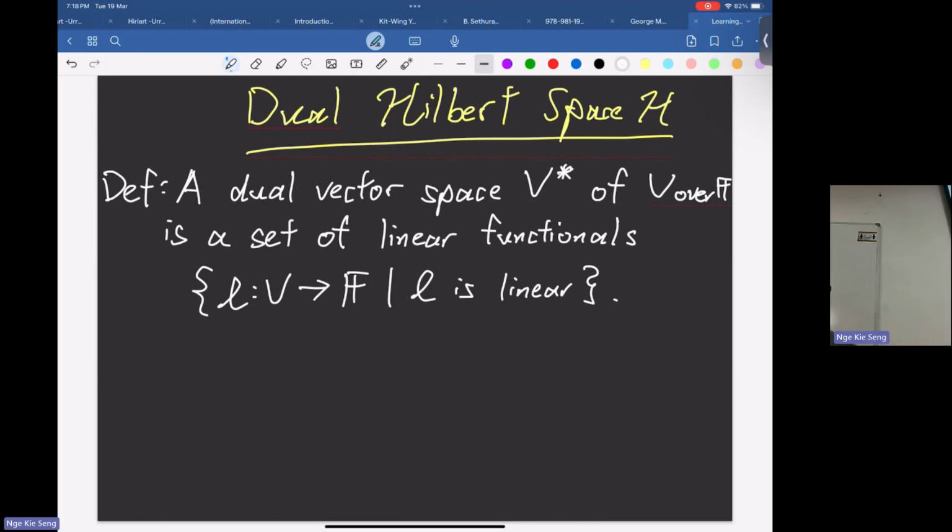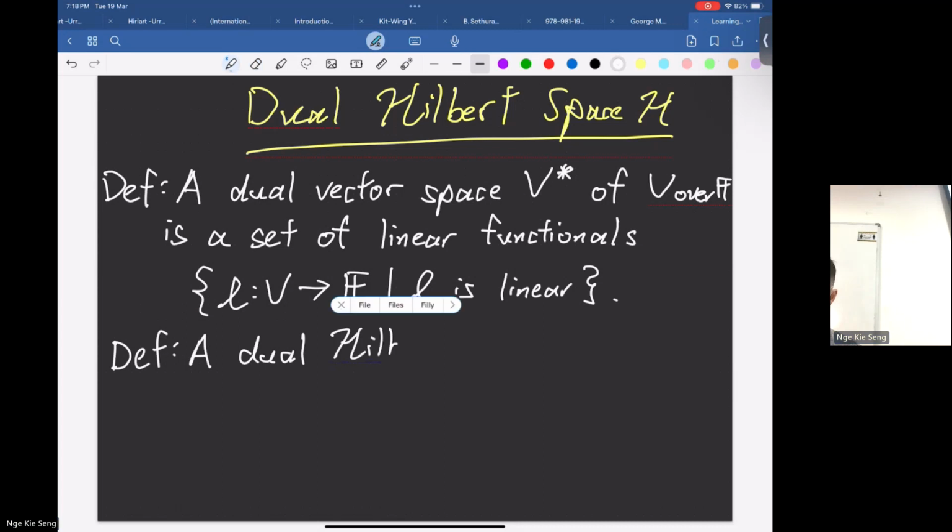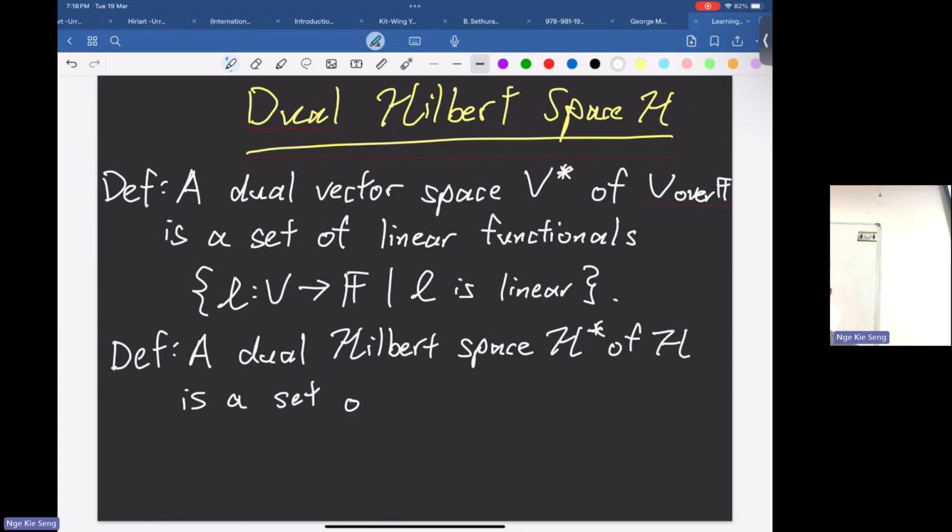So I would like to define a dual of a Hilbert space to be a set of bounded linear functionals.